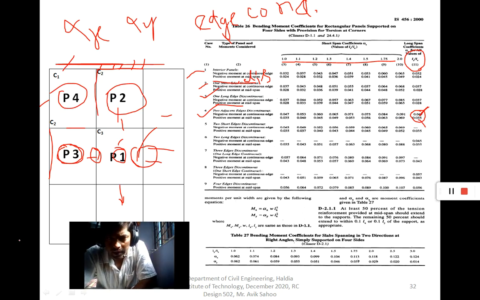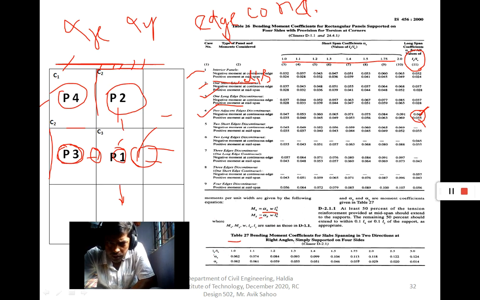Again, Table 27 is given. This is for a simply supported slab where torsional reinforcement is not used. Using the same formulae, alpha x w lx square and alpha y w lx square, and as it is a simply supported slab, here the two are equal.